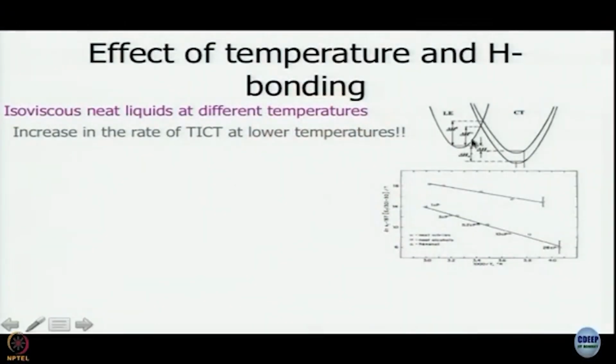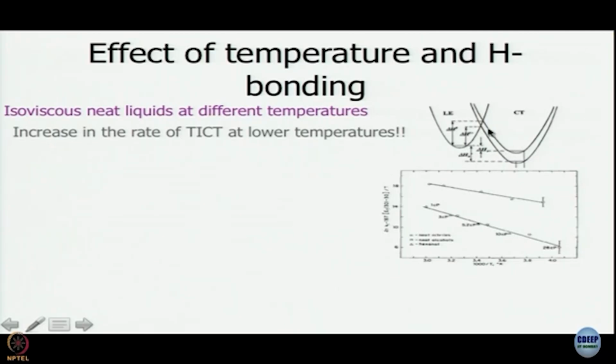This here, let us say, is your energy surface for the locally excited state. This is the energy surface for the charge transfer state. So, what they said is that the charge transfer state is going to be stabilized further if polarity is more, yeah, and polarity is more at low temperature. Yes. So, what will happen?